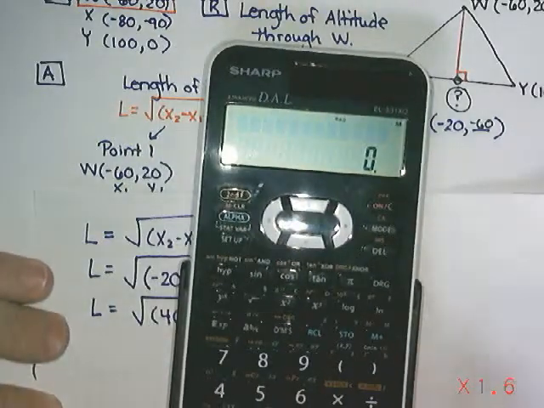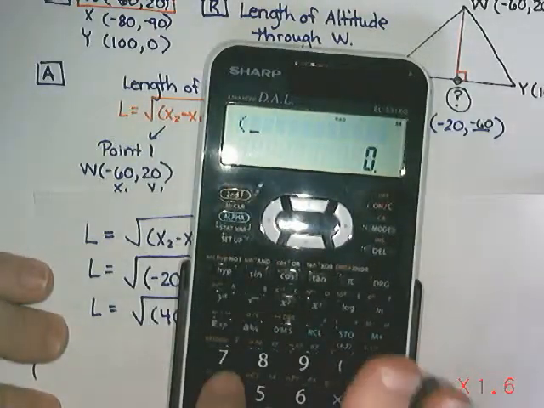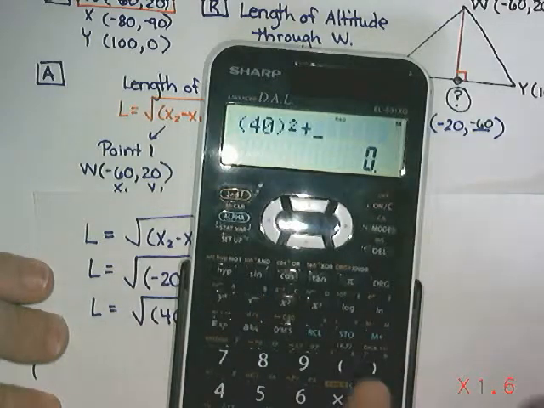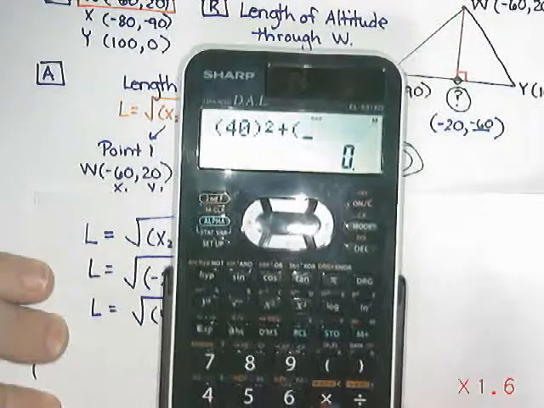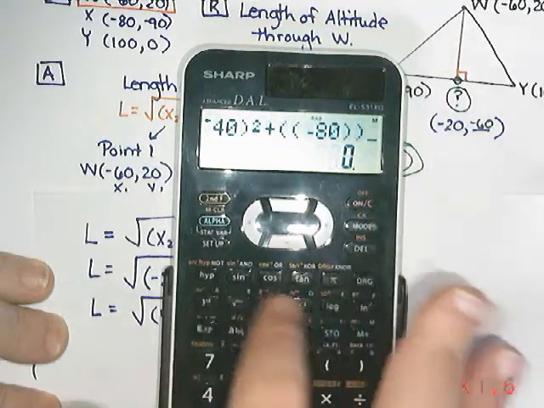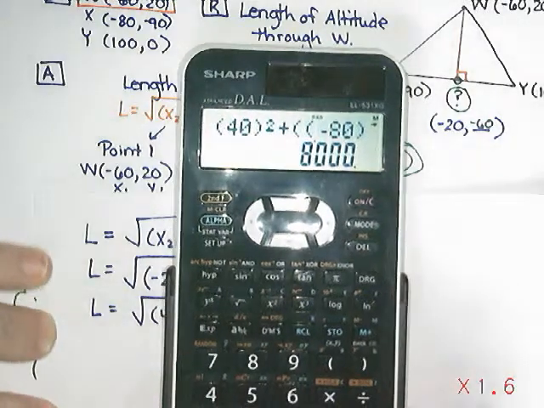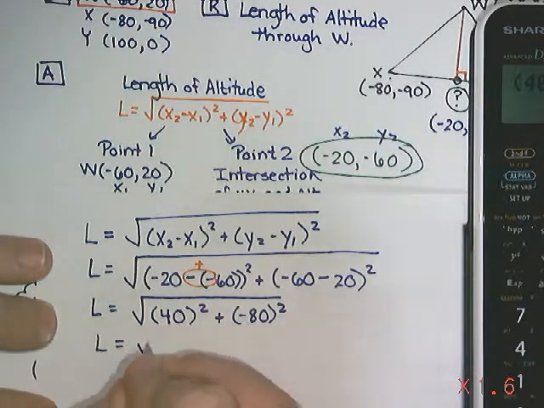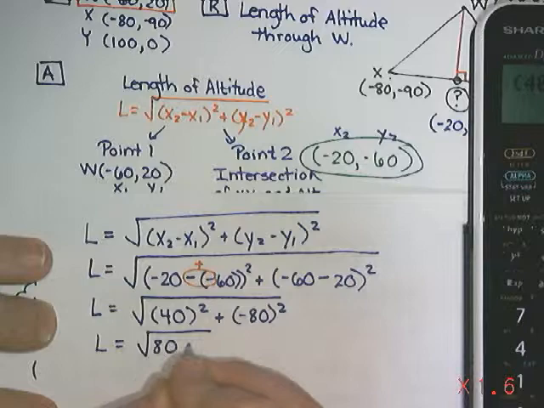So I'm going to do 40 squared plus negative 80 squared. And I get 8,000. So this is going to be the square root of 8,000.